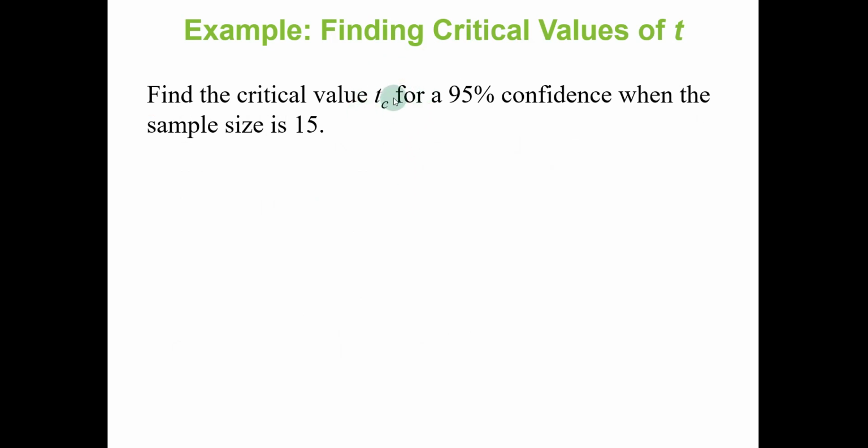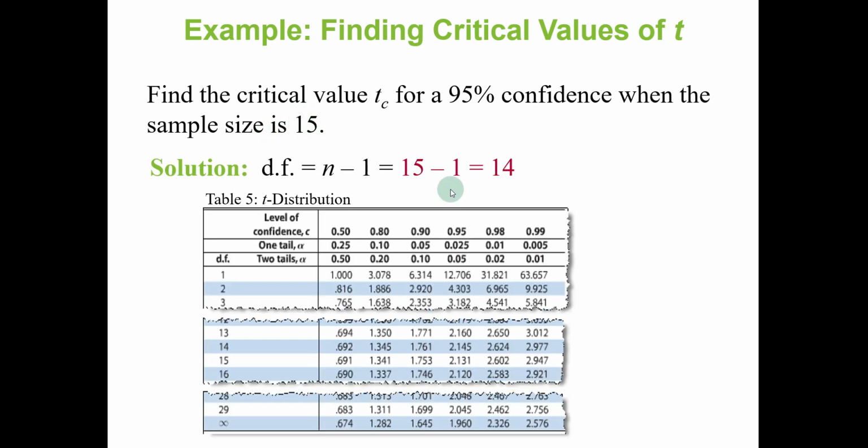So how do we look for the critical value for the t-distribution? Let's say we have 95 and we have a sample of 15. We need to look for what is known as the degrees of freedom. It's always given as n-1. So when you do not know the population standard deviation and your sample size is less than 30, in this case 15, you do n-1 to get the degrees of freedom, and you already have the confidence level.